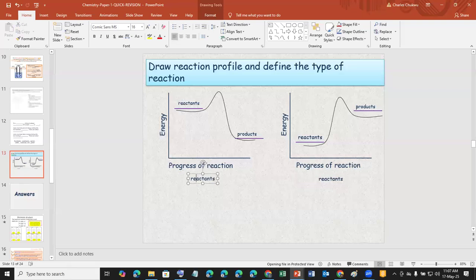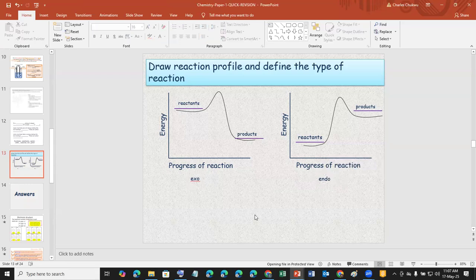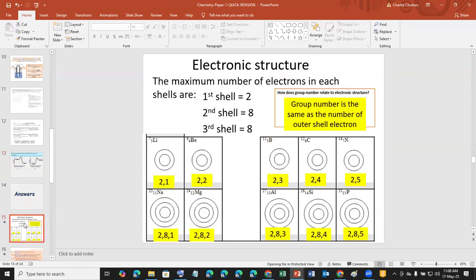This is exo, exothermic, while this one is endo. Did you get that explanation? Yes. Please don't forget that thing I said: exo is out and endo is in.